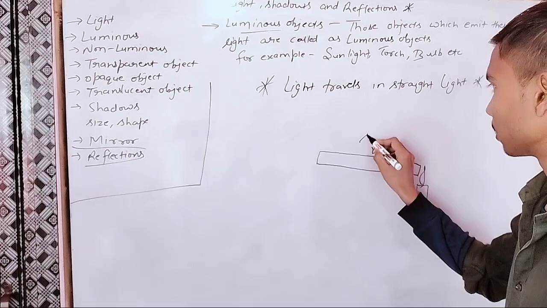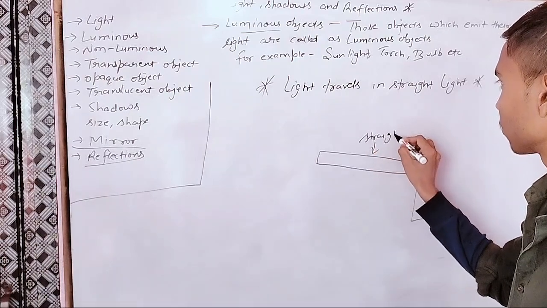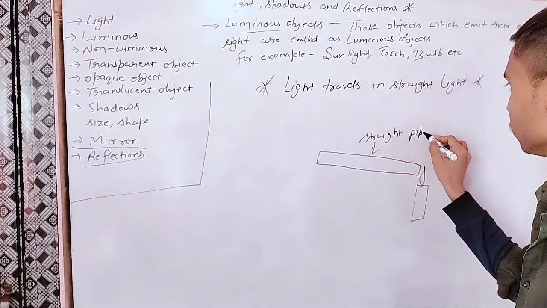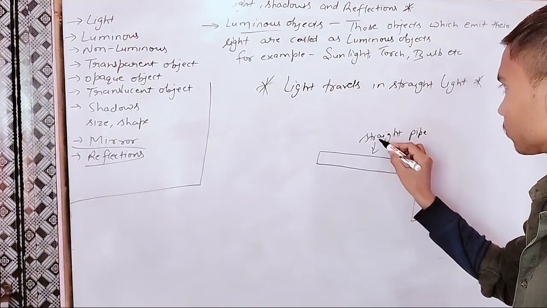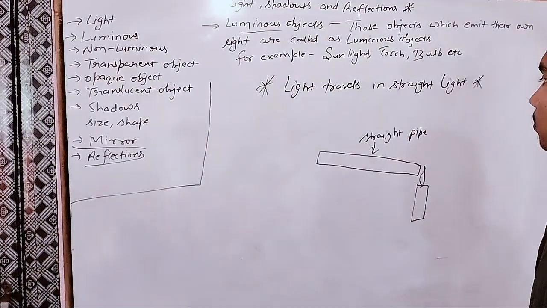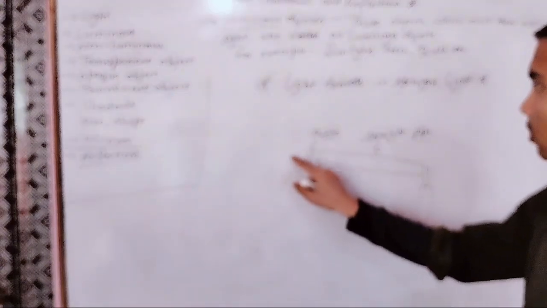This is a straight pipe. Now our eye is here. Light is coming like this, through this pipe. Now let's prove that light travels in a straight line.